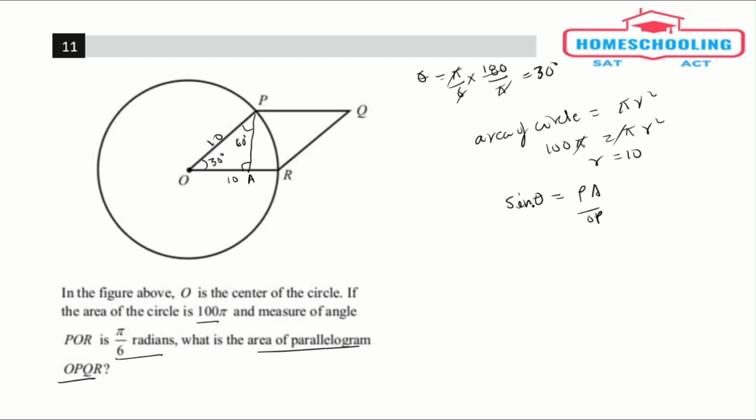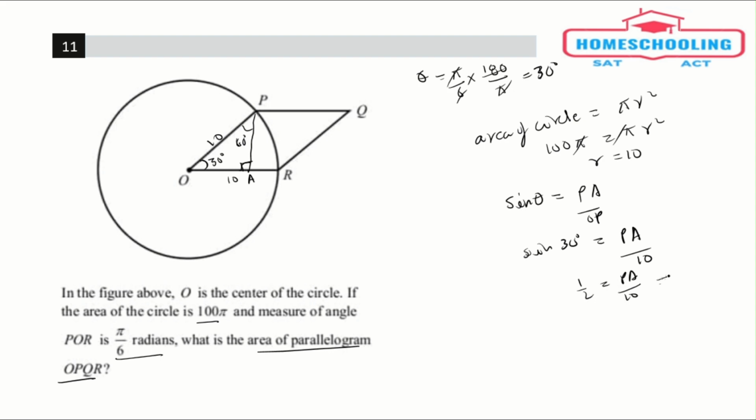The angle between them, this is 90 degrees, so we have to take this angle, sine 30 degrees is equal to PA by OP, which is 10. The value of sine 30 is half, so half is equal to PA by 10.